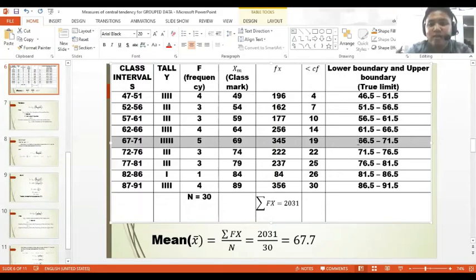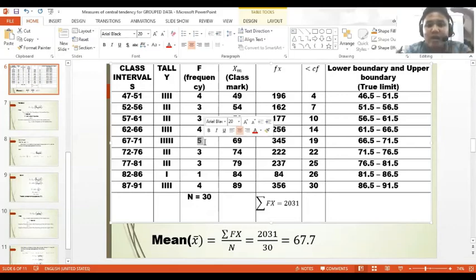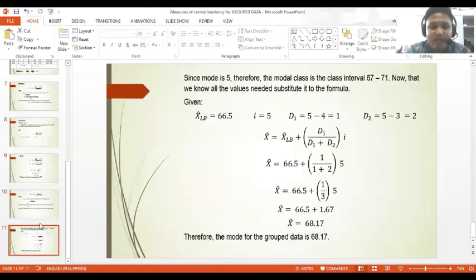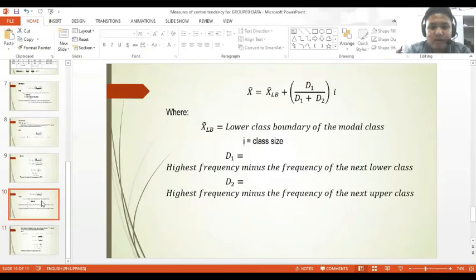So, ang lower boundary natin is 66.5. Tapos, ito, yung D sub 1 kanina, sabi niya, highest frequency minus the frequency of the next lower class. So lower pero dun sa taas tayo kukuha, yun yung mas mababa, kasi dun yung mas mababa na mga scores.